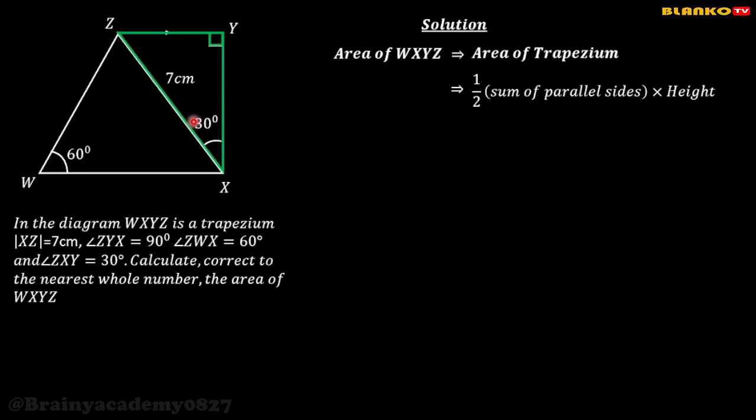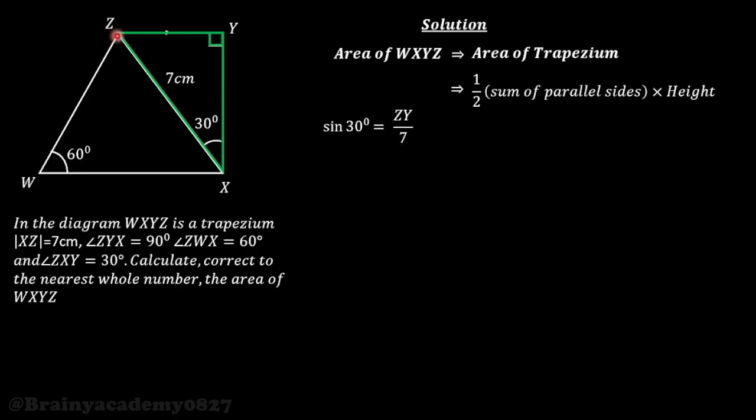So let's consider the right-angled triangle XYZ. We are going to solve for the length ZY. Sine 30 degrees is equal to ZY over 7.